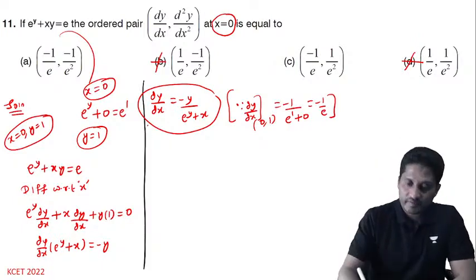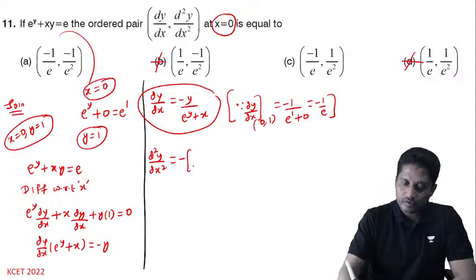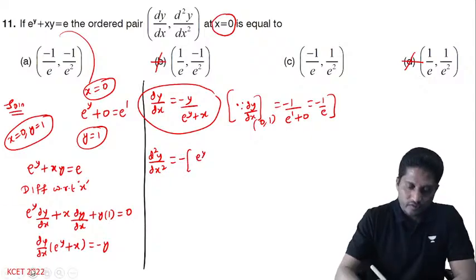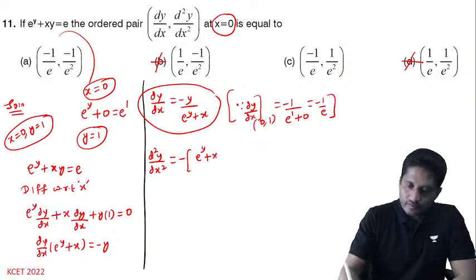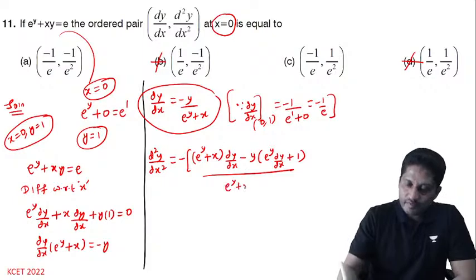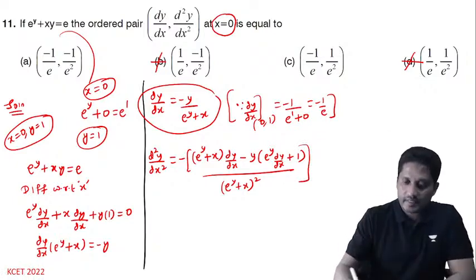Now if I find the double derivative, d square y upon dx square, let us use u by v, the quotient rule. This is v into u dash minus u into v dash, e power dy by dx plus 1, divided by v square, e power y plus x the whole square.